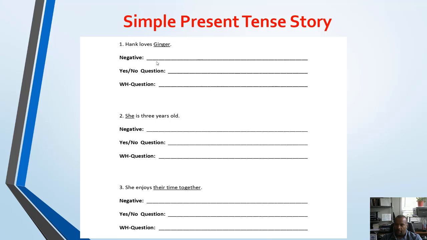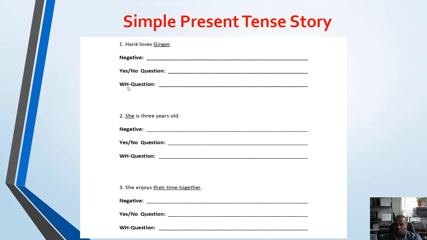All right, so negative sentence, I wrote Ginger doesn't or does not love Hank, okay, because it has to be a negative. My yes or no question would be, does Ginger love Hank?